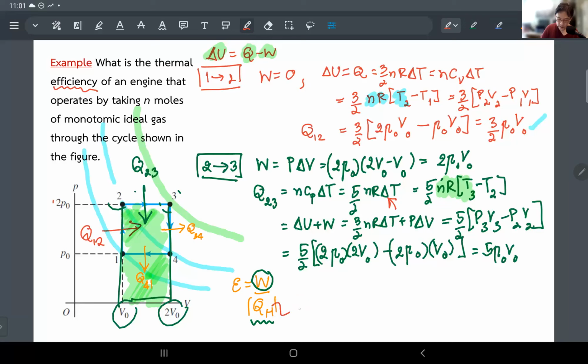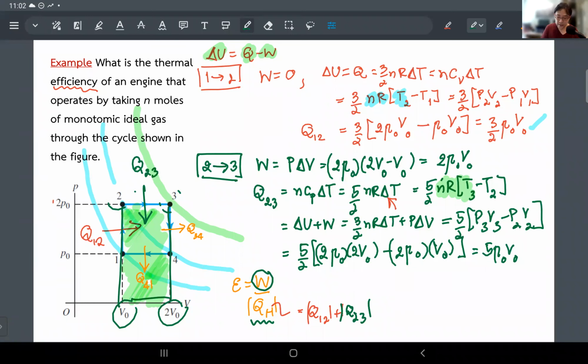This one is just going to be equal to Q12 plus Q23. You guys with me? Because Q hot is the heat that is flowing into the system. And from the diagram, you can see that there are only 2 segments where heat flows into the system: Q12 and Q23. So that means you already got the denominator part, Q hot. That's good. So the only thing left is if you can figure out the work done, then you're pretty much done.